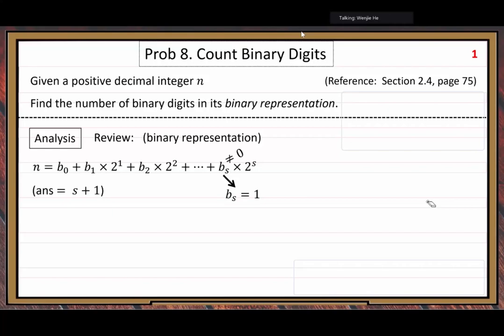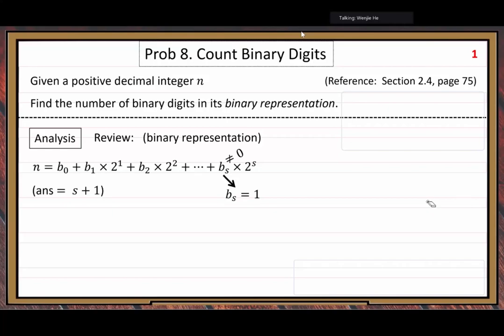So you should write your answer in terms of n, not in terms of s. That's the reason we haven't completed our solution. We get part of the solution, s plus 1. That's the partial solution, but not the final solution.